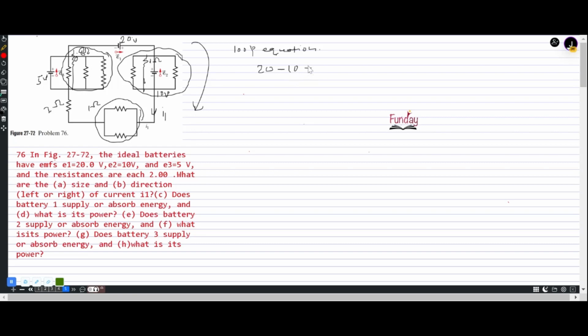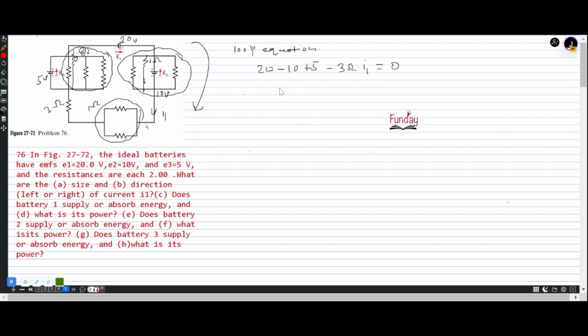And then we have I1 current going through 2 plus 1, 3 ohm resistor. So 20 minus 10 plus 5 minus 3 I1, presuming I1 has the same direction which they have given in the diagram, is equal to 0. So 3 I1 is equal to 15. So I1 is equal to 5 ampere.